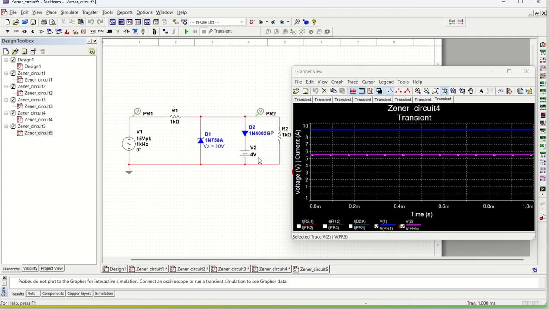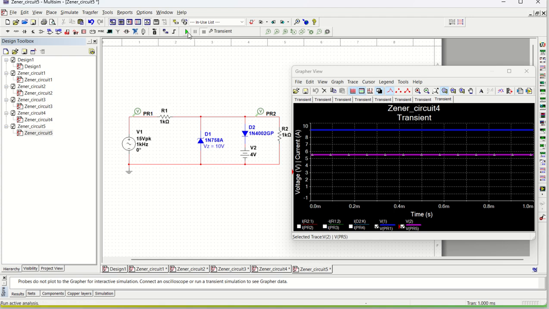But at the same time, we have a biasing of 4 volt here in the opposite direction. So what is the result? What I have put is AC voltage 15 volt peak to peak at 1 kilohertz. We have a series resistance at this input, and then we have the output resistance, which is going to be the load. However, we have one diode which is reverse biased by this 4 volt, and this is the Zener diode that is going to be 10 volt.